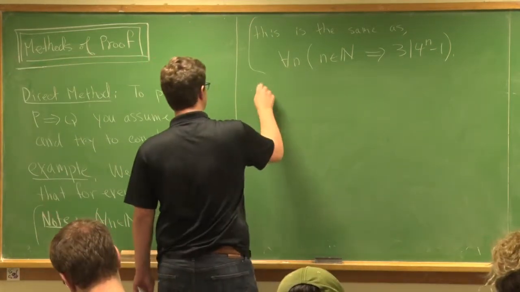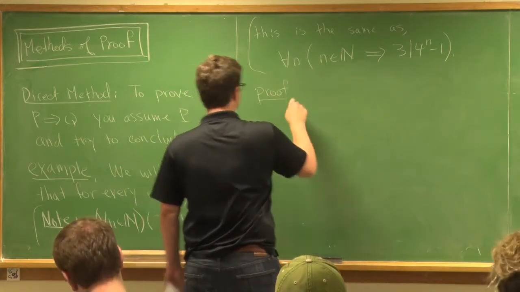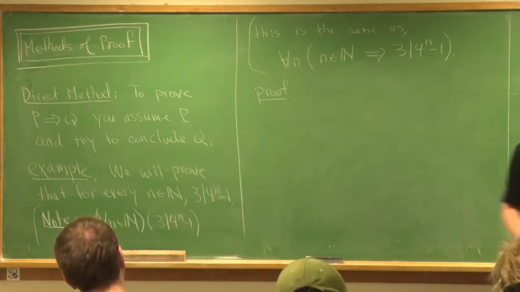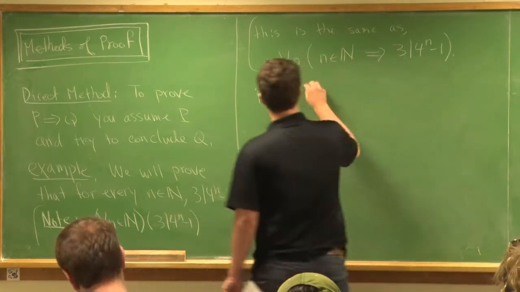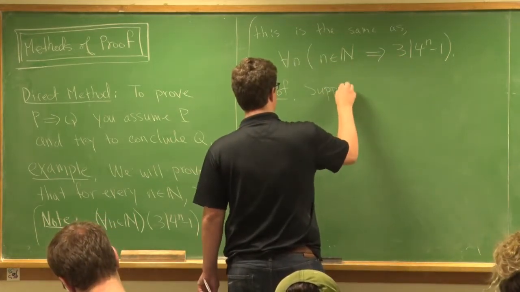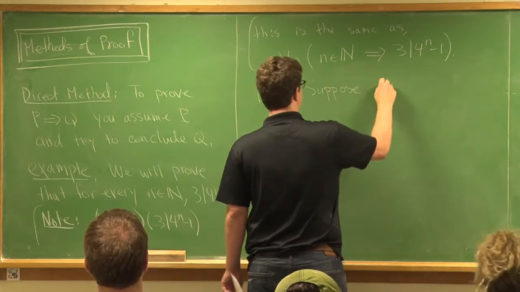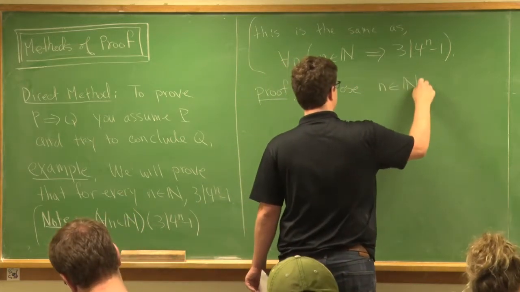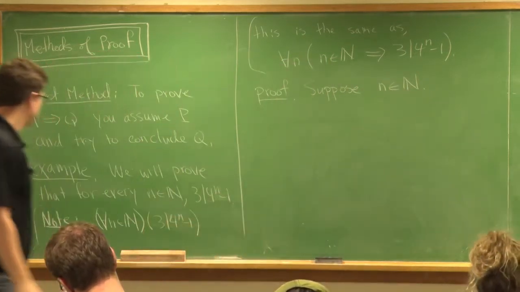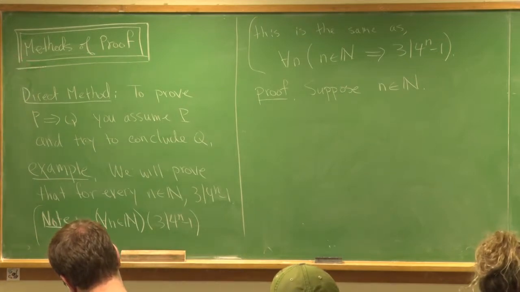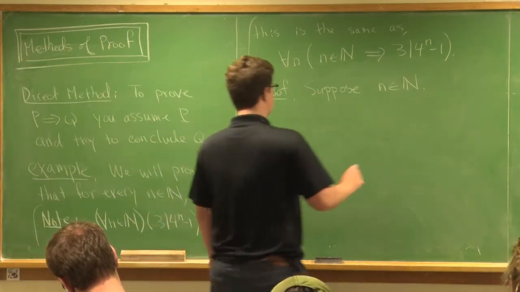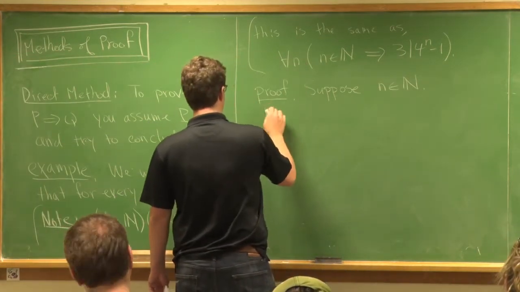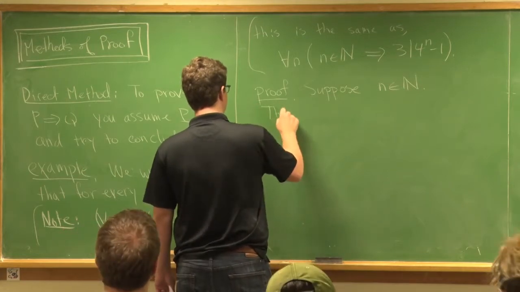Okay, so proof. In these direct proofs, we just start with the assumption. The assumption is: suppose n is a natural number. Now we need to conclude that 3 divides 4 to the n minus 1.